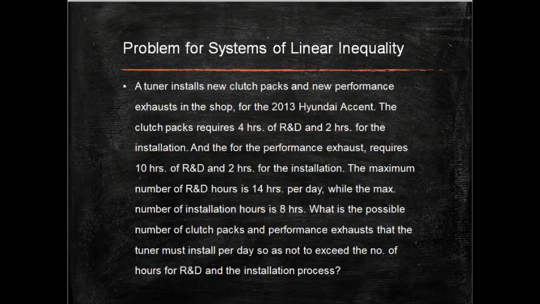The maximum number of R&D hours is 14 hours per day, while the max number of installation hours is 8 hours. What is the possible number of clutch packs and performance exhaust that the tuner must install per day so as not to exceed the number of hours for R&D and the installation process?